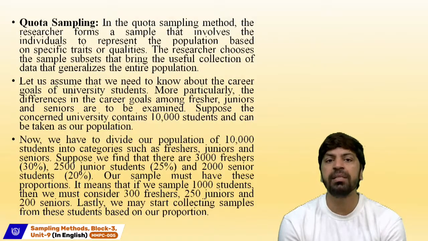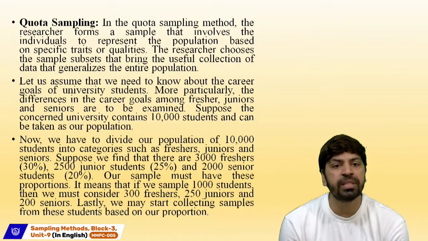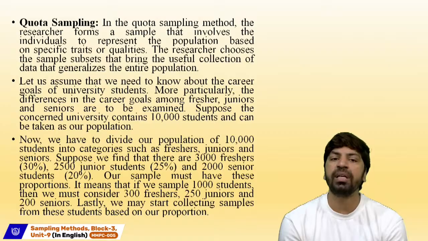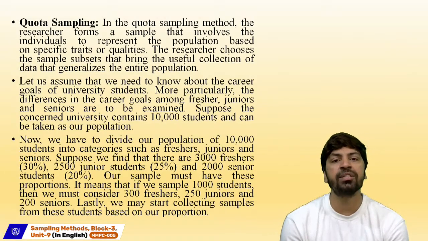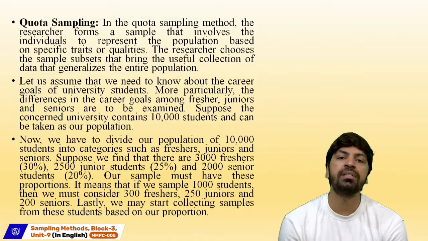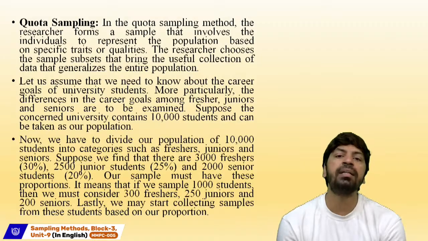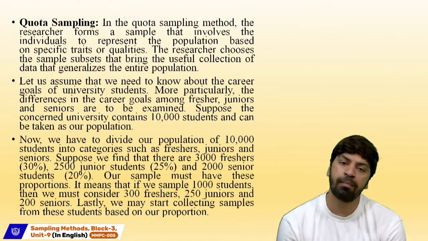It means that if we sample 1,000 students, then we must consider 300 freshers, 250 juniors, and 200 seniors. So we may start collecting samples from these students based on our proportions.